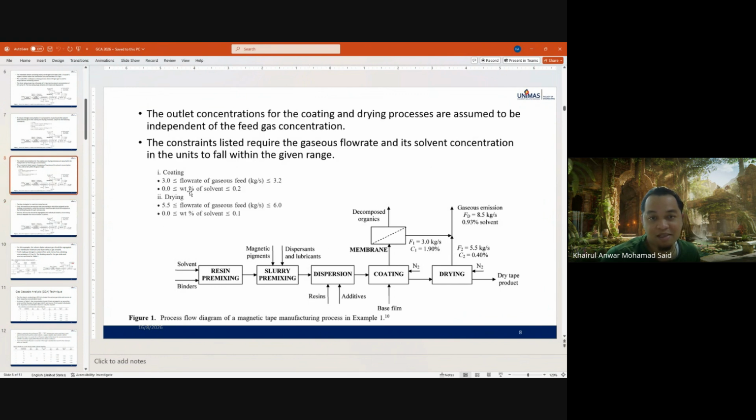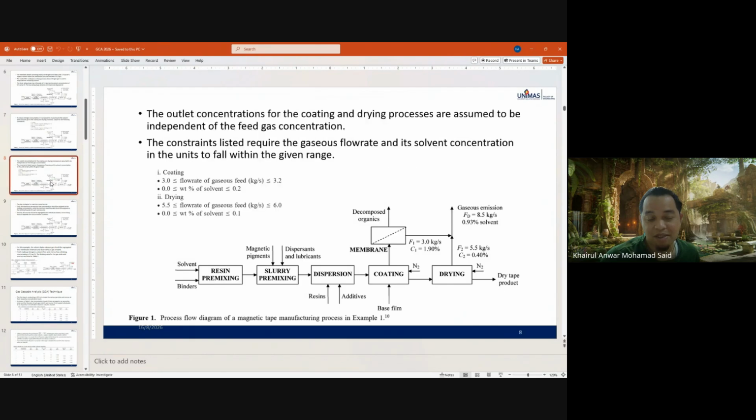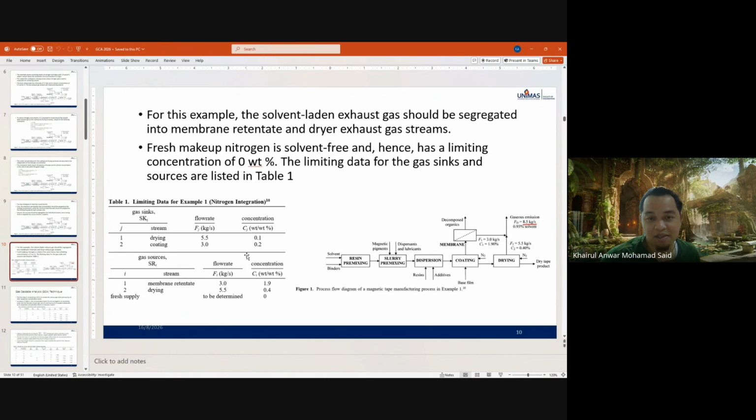So in this case, for coating and drying, the tolerance is between 0 to 0.2, 0 to 1. To get very, very pure is not impossible, but very expensive. So why not we increase the target to 0.2, which is why it's not zero. What if you choose zero? Yes, can. No problem.